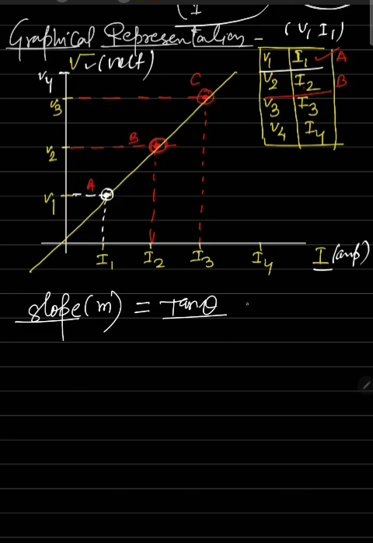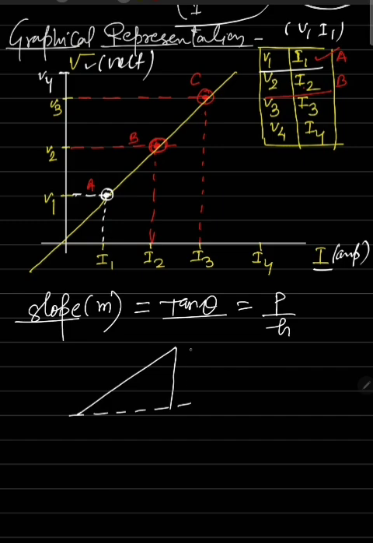Actually tan theta means perpendicular by base. Suppose we have one line, and I have to find the slope of this line. How can we find it? Either by finding tan theta, or by finding perpendicular by base.